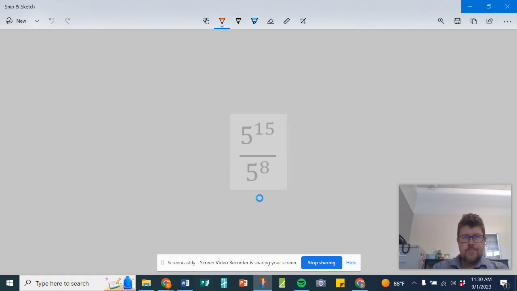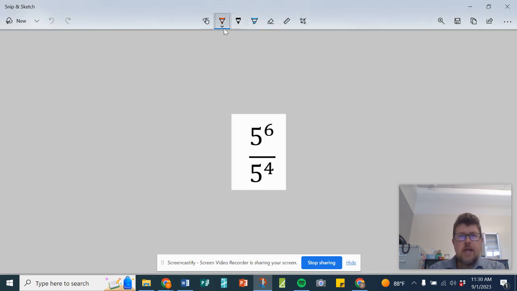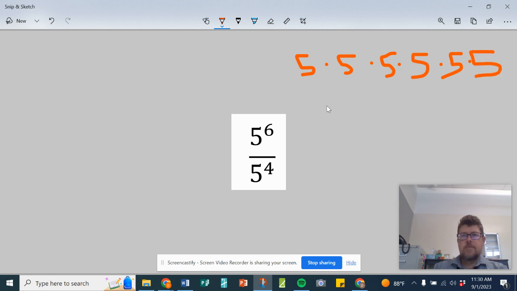The idea here is you're going to have 6 fives on top, so 5 times 5 times 5 times 5 times 5 times 5. This is division instead of multiplication, so you're going to subtract your exponents. On the bottom, I'm going to have 4 fives.